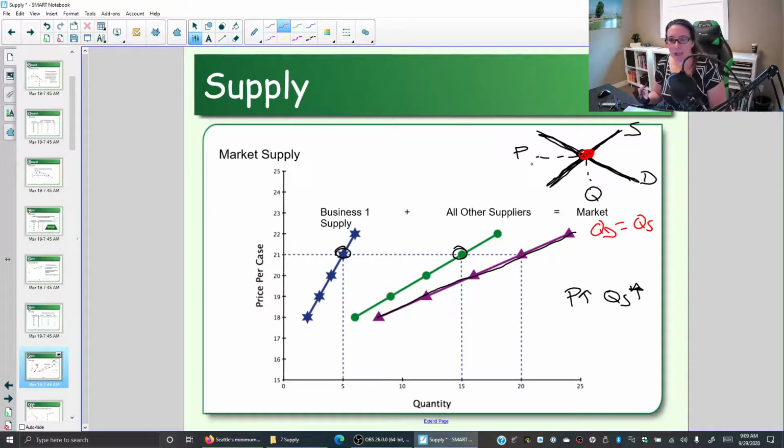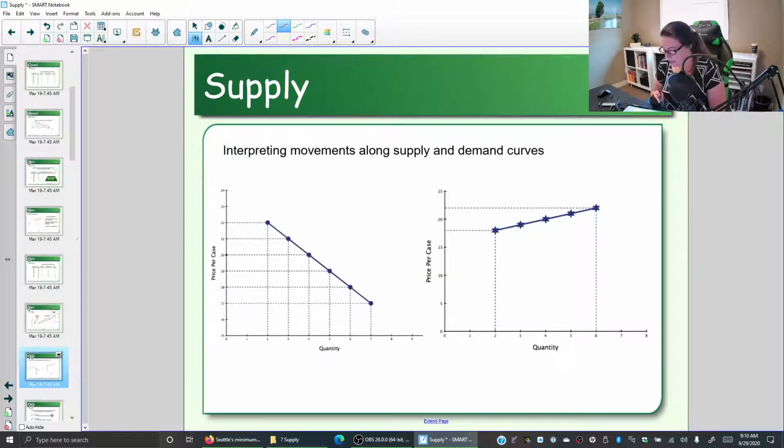But as we're looking at definitions in this video, let's look at one more definition. And that's the difference between a change in demand and quantity demanded, a change in supply and quantity supplied. So here we have our downward sloping demand curve.